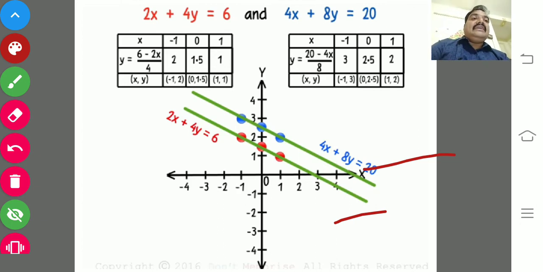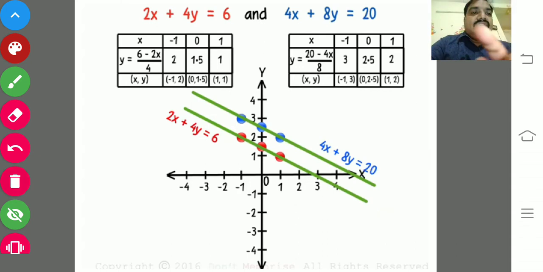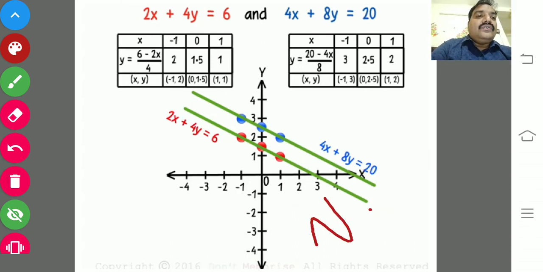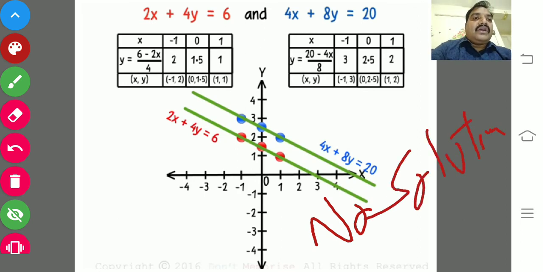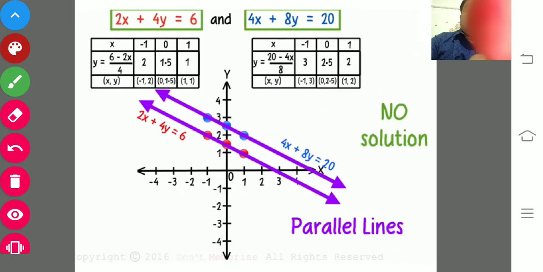So we don't have any kind of solution. In the first model you saw a unique solution, but in this model you don't have any solution. So this is no solution. Simply write, after finding the graph values, from the graph you can conclude that it has no solutions. Keep it in your mind.